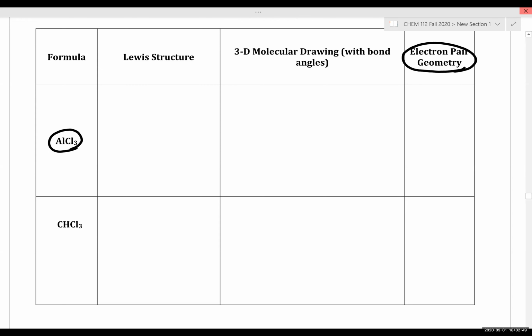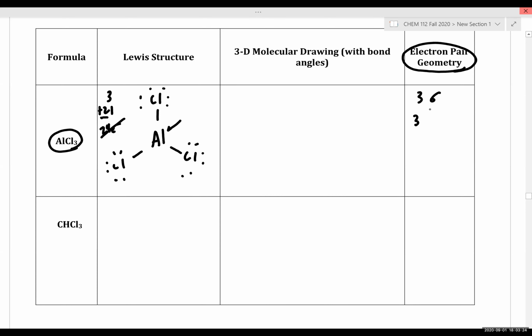So for aluminum chloride, we have a total of 24 electrons. We place aluminum in the center and we form one bond each. Then we add our lone pair electrons, and that in turn gives us 24 electrons. Now, if we think about our total number of bonds and lone pairs on our central atom, we see that aluminum has 3 sigma bonds and 3 charged spheres.